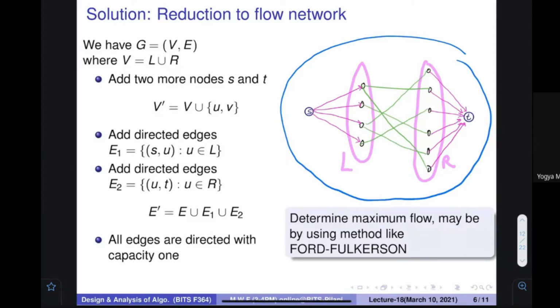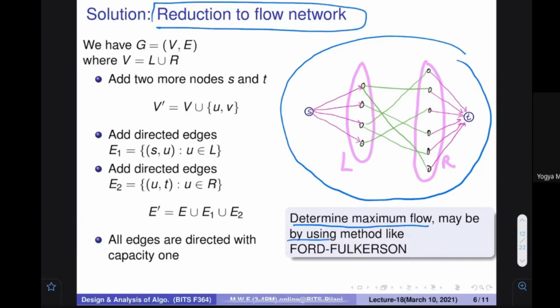Now, because I have converted this to the network flow problem, can I determine the maximum flow over here? Yes, we have seen an algorithm, the Ford-Fulkerson algorithm. We can apply that algorithm to find the maximum flow.